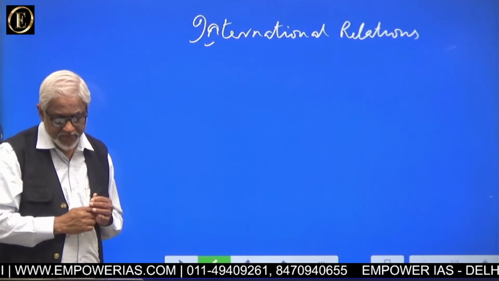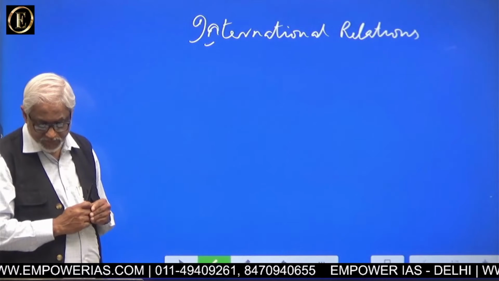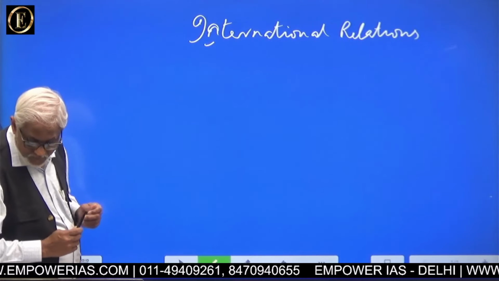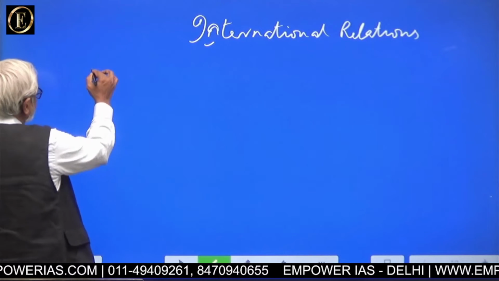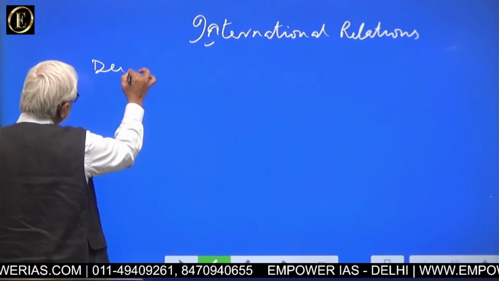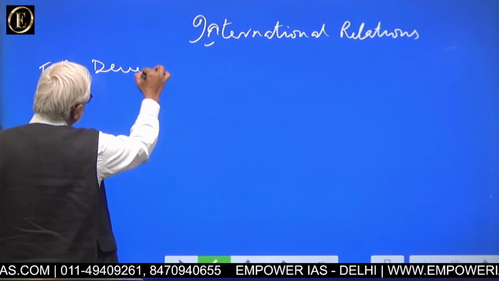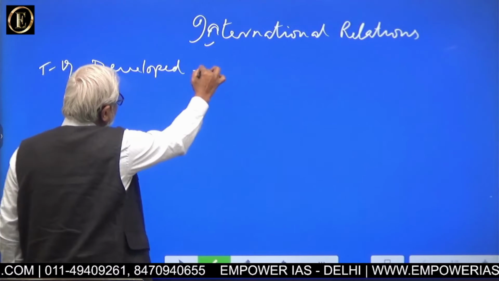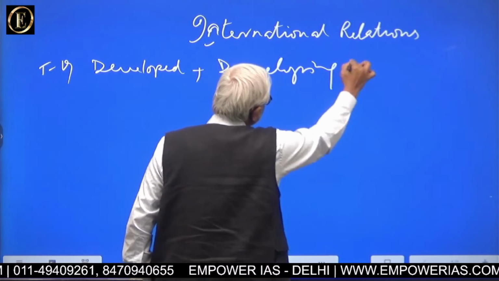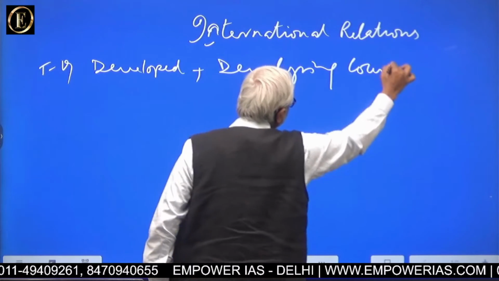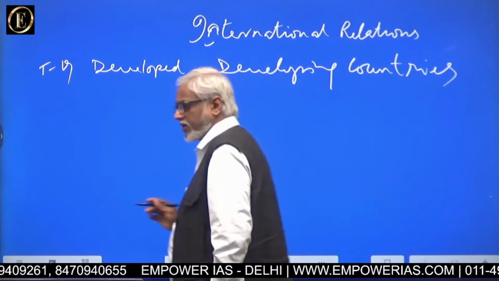Then the third one is developing, that is T19, developed and developing countries.